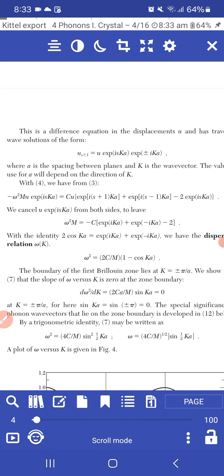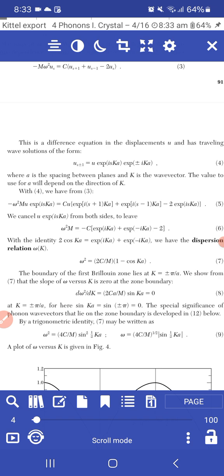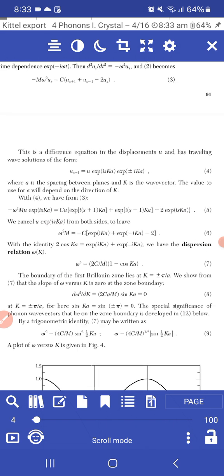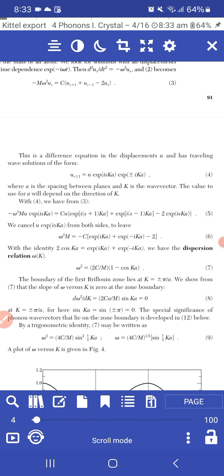Now where a is the spacing between the planes and k is the wave vector, the value. ठीक है, यहाँ पे क्या है, स्पेस और वेव वेक्टर यूज कर रहे.